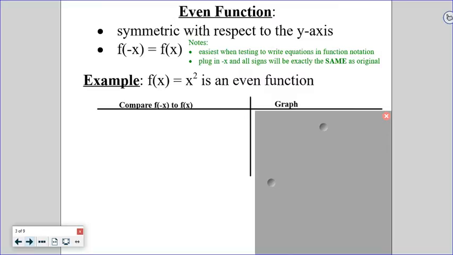And here's the key for an even function: when you plug in negative x, all of the signs will match exactly to the original. They all stay the same. So if this were to have started out as y equals x squared, I would just rewrite it as f of x equals x squared, plug in a negative x, and compare your signs. If they're the same, it's even.